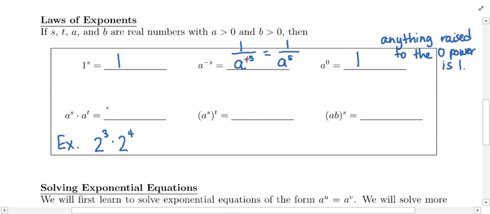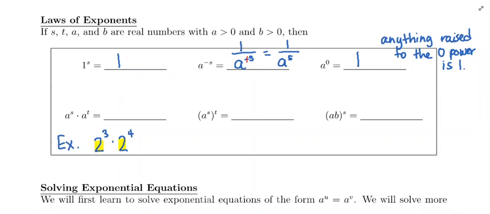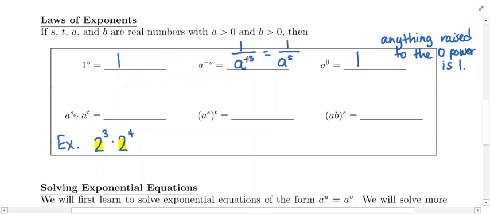The bases are the same here. They're both 2. So what this is saying is, if you have a power times another power and the bases are the same, you can combine them into 1 power with the same base, and you do so by adding the exponents. So this would combine and be 2 to the 7th power.